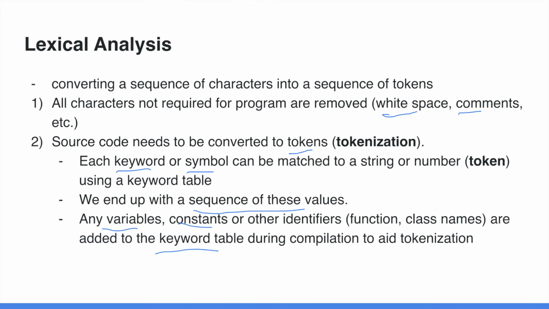Each part of our source code, like if, print, equals, any symbols, variable names, or class names, are all going to be put onto a keyword table, and they're all going to have a string or number assigned to them. Based on that keyword table, we're going to convert all of our code to a sequence of strings or numbers, which represents our source code at the end of lexical analysis.